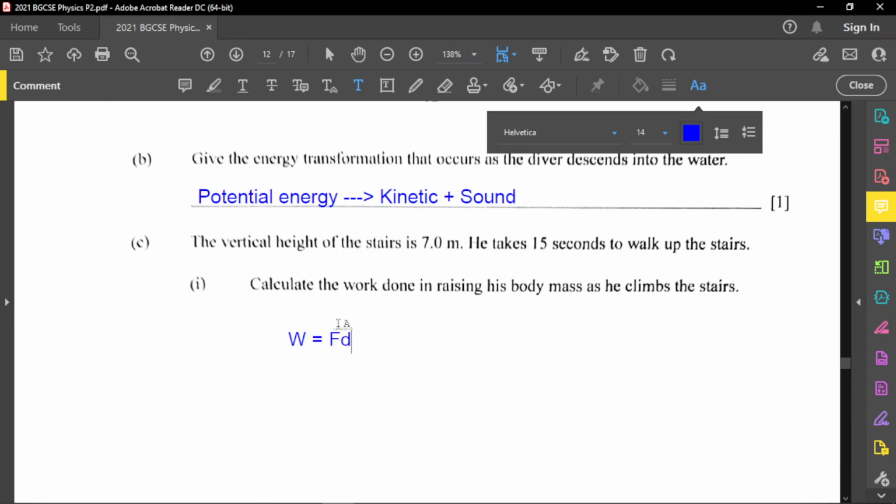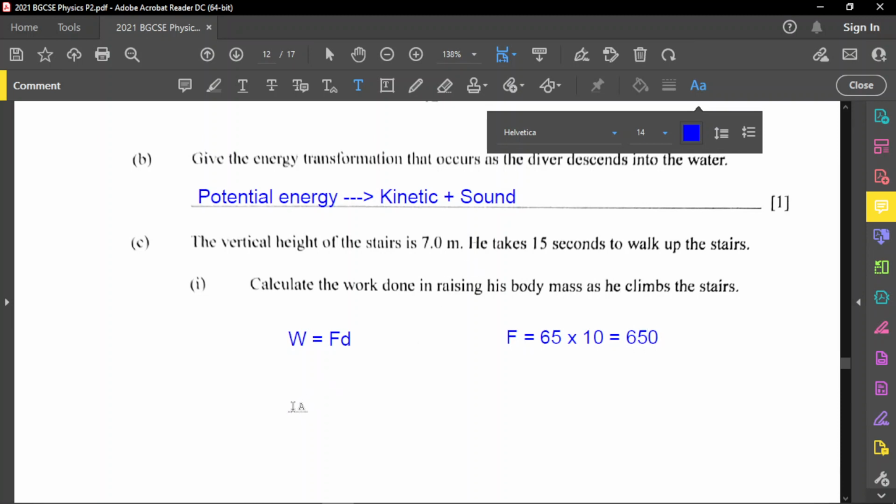But in this case, force would be weight. So what I need to find is weight. Let's find force first, which is weight. I could just put W there, but I don't want to mix up weight and work, so let's just say force. His force, which is his weight, is equal to mass times gravity. His mass was 65, so it's 65 times 10 equals 650. So 650 is the force.